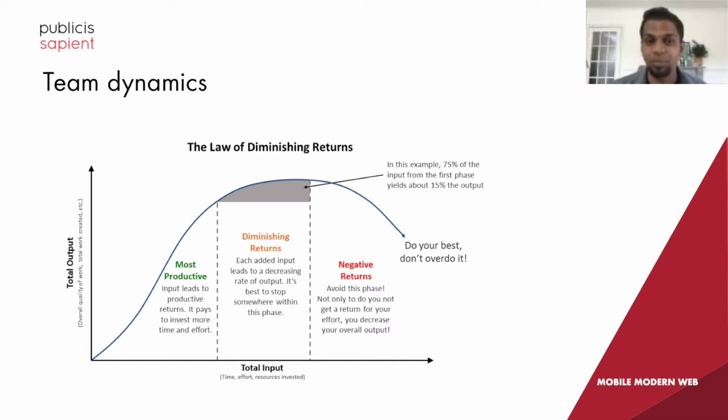If we start scaling up even more, we start seeing negative returns with a lot of defect injection into your production code base and things like that. So the lesson that we learned from this graph is that we want to stay as close as possible to the left side of the graph where the team is the most productive.